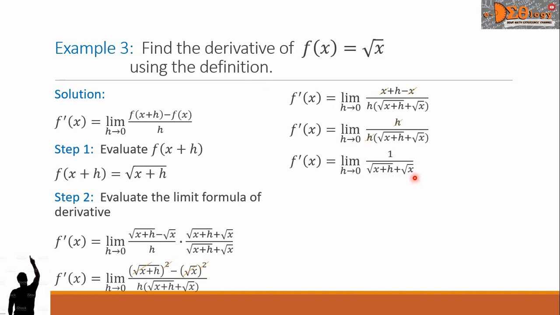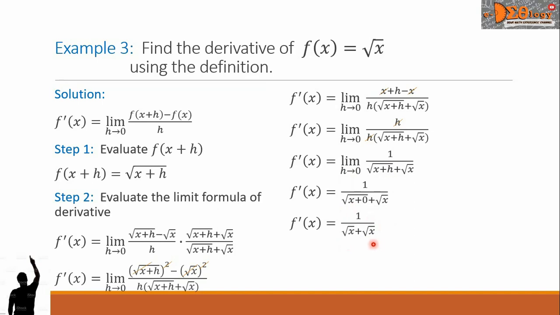Now, let us evaluate the limit as h approaches 0. Let us substitute the value 0 to our h here. So we have now 1 over the square root of x plus 0 plus the square root of x, that we can show that this is equal to 1 over the square root of x plus square root of x.